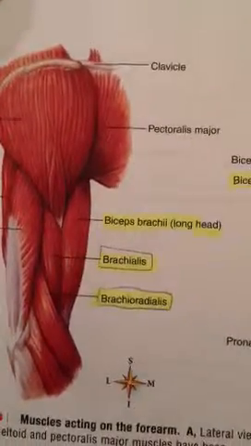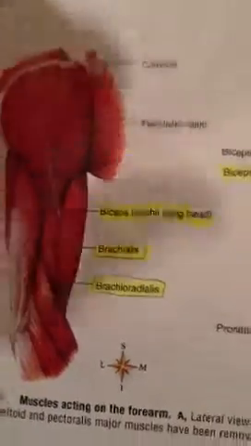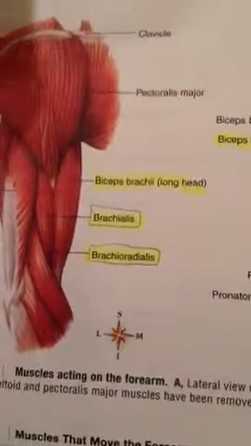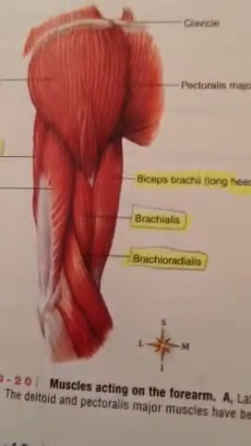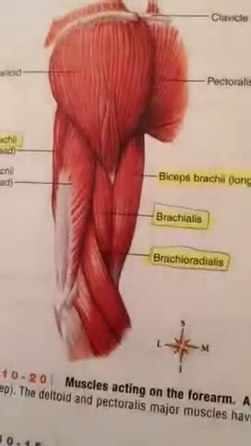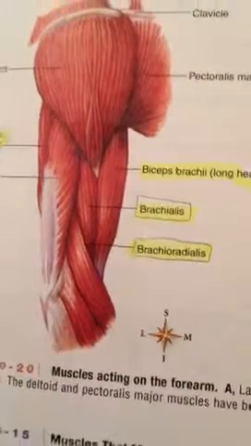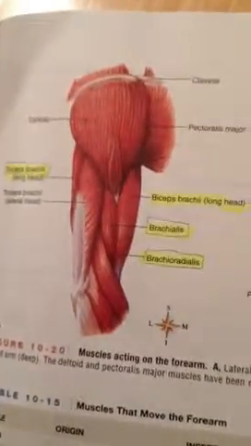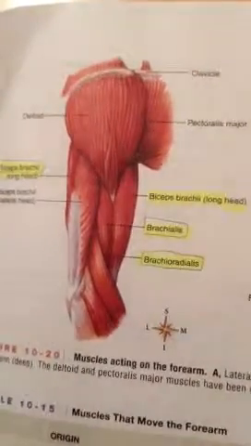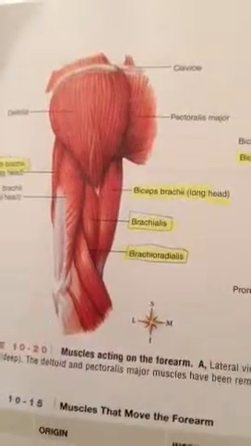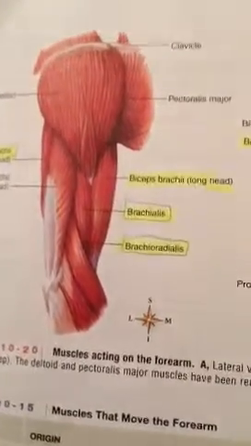Brachioradialis. Origin is humerus. Insertion is radius. It flexes the arm.